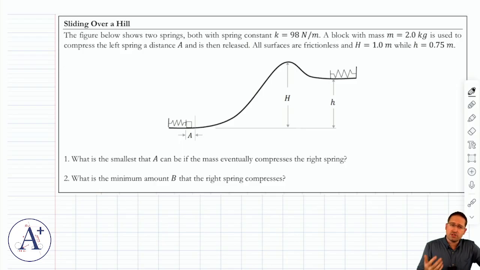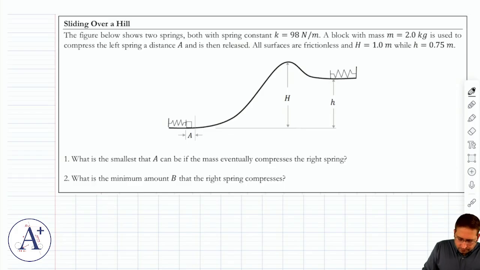If your surface is frictionless, there is a good chance, though it is not a guarantee, that you will have conservation of mechanical energy. So with the first question, I'm going to solve with the work-kinetic energy theorem, and I'm going to show you that it becomes conservation of energy, and we'll explain why. And then the second question, we're going to solve with conservation of mechanical energy because, at that point, we know that it applies.